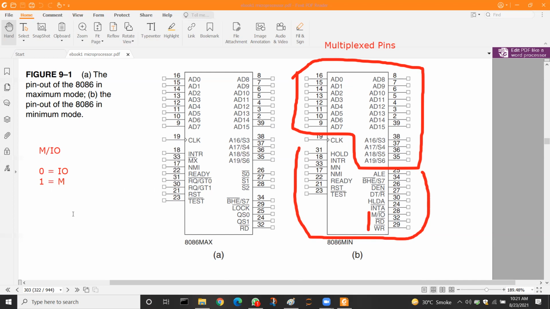So in this way, if the microprocessor issues, let me draw a small diagram. This is a microprocessor and this is memory, and let's say this is the IO. So this is the microprocessor. Similarly, we have the main memory. And similarly, we have the IO.